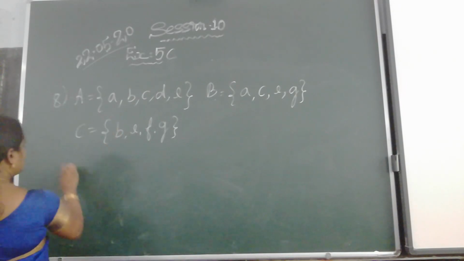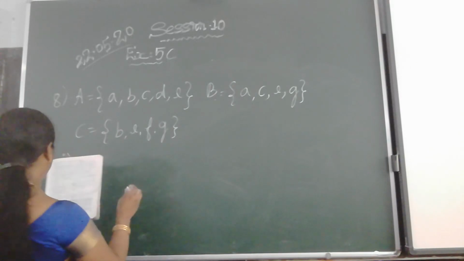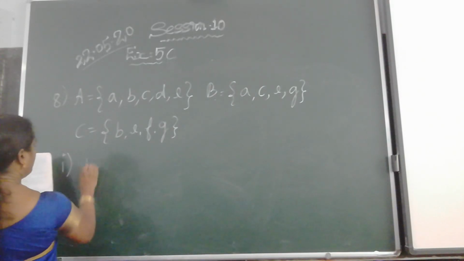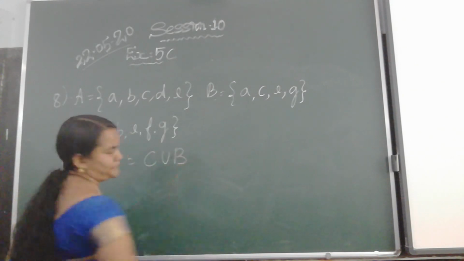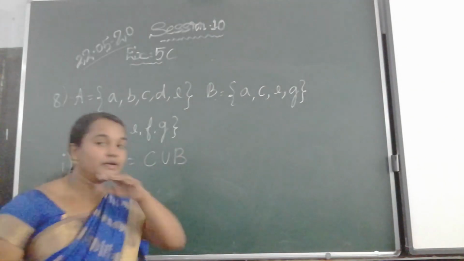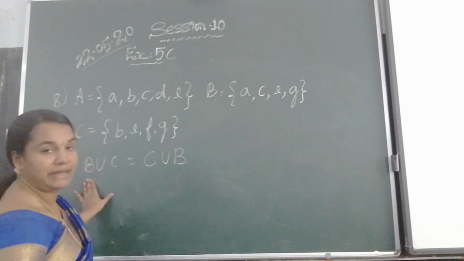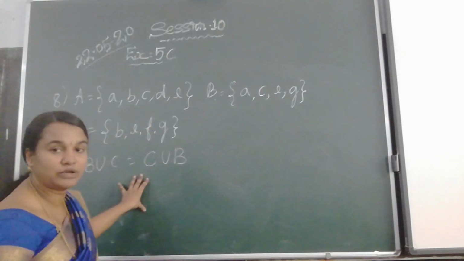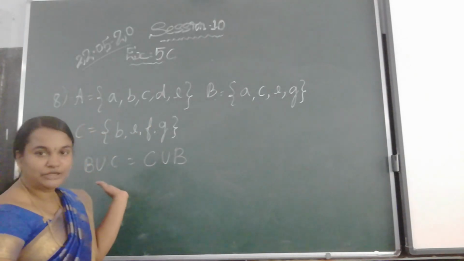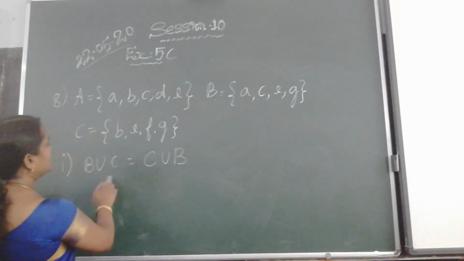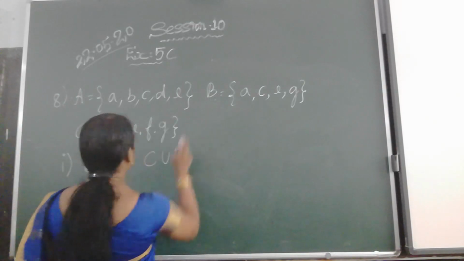First question. First they told we have to find out B union C and C union D, and verify it is equal. Left hand side and right hand side is equal, that we have to find out. Now children, already you know that union means what we have to do? B union C, B and C only we have to compare.